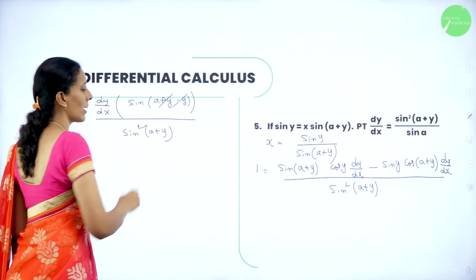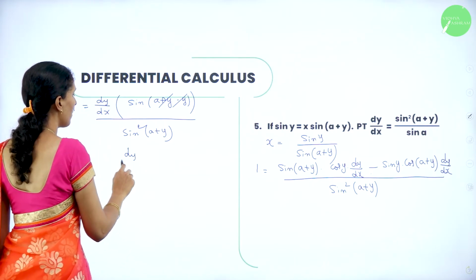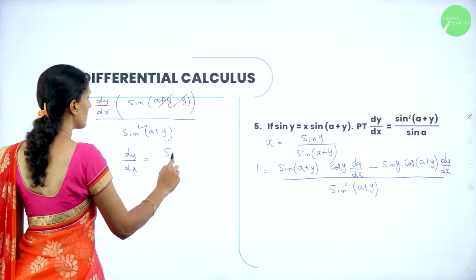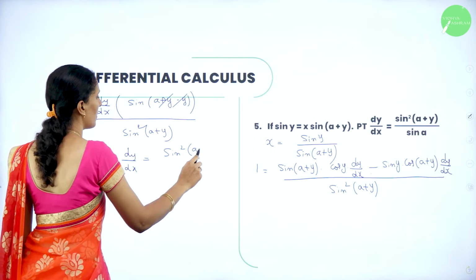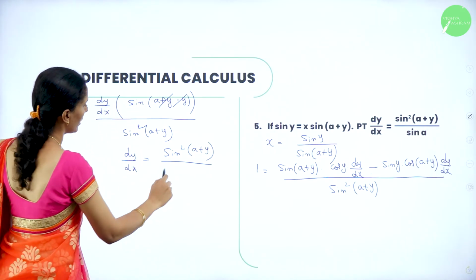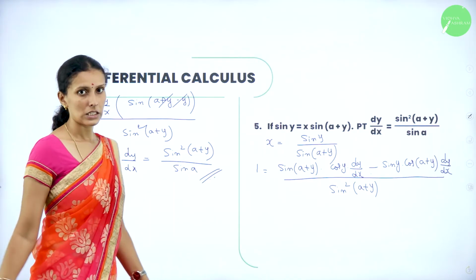Now here plus y minus y get cancelled. We need dy/dx. So if I need dy/dx, I need to shift the denominator to the numerator. So it becomes sin square (a + y) divided by, shifting sin a to the denominator, sin a. Hence we have proved the result.